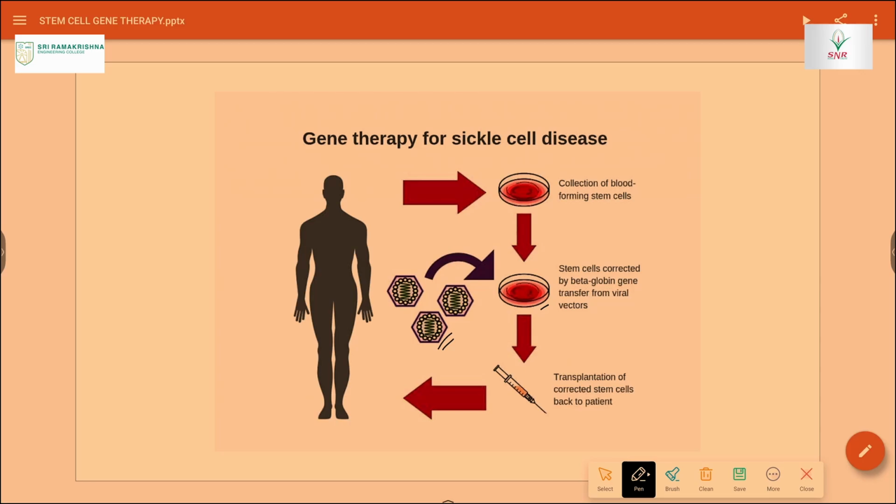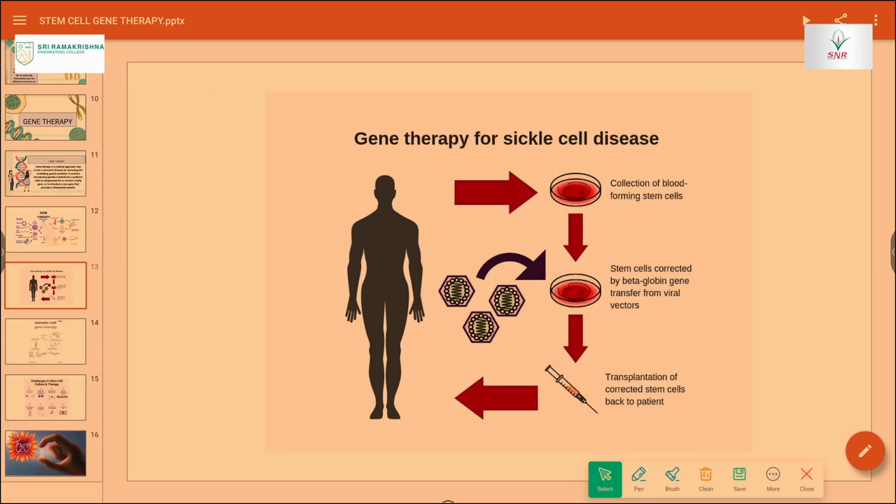After infection, the gene of interest is aligned to the DNA present in the stem cells, and that can be introduced into the patient by transplantation, by injection or by other means. You can just introduce the manipulated hematopoietic cells into the patient, so that the patient will start to express the beta globin gene in the blood cells. So this is one example of stem cell gene therapy.